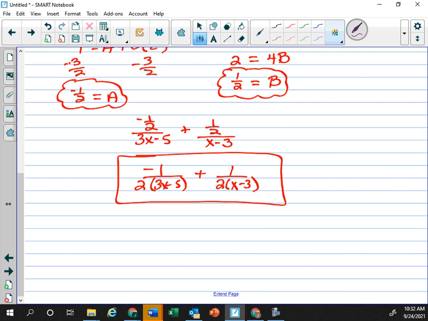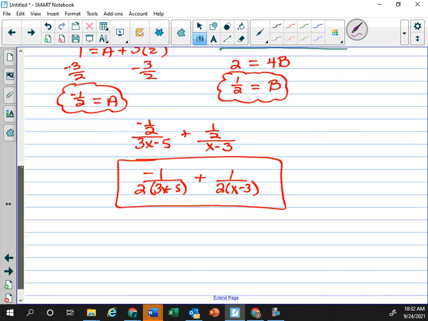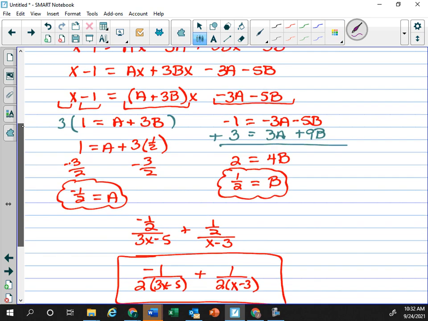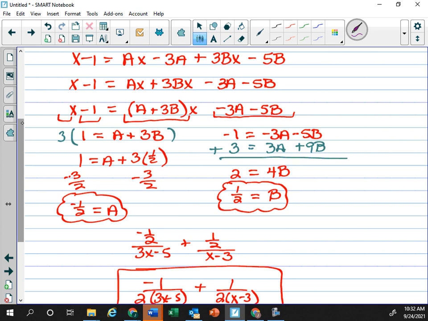Yeah. Why would you pull out the negative in the -3a minus 5b? Sure. So like here, doing -1 times (3a plus 5b). The a's and b's are just numbers. They're variables right now, but they're not x's. They're just representing some constants.